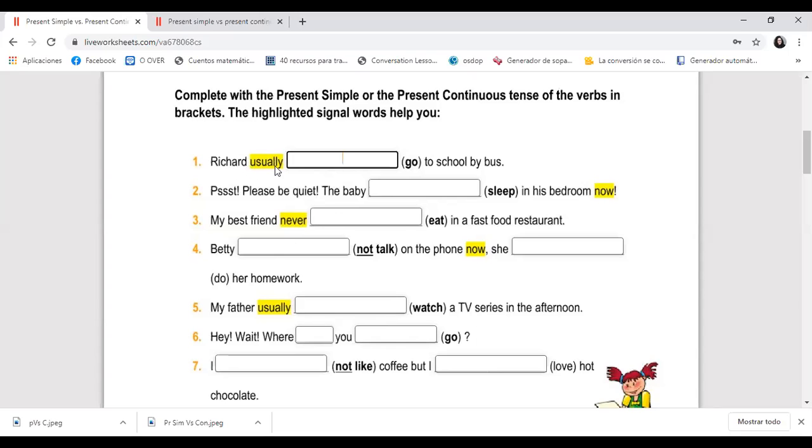Okay, so if we're talking about a routine or a habit, and we have Richard, that is he, we're going to write here the verb go, but we're going to add es. So goes, yes? Very good. Let's go on.